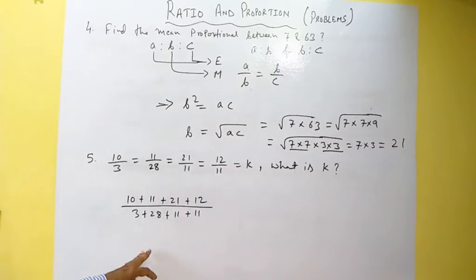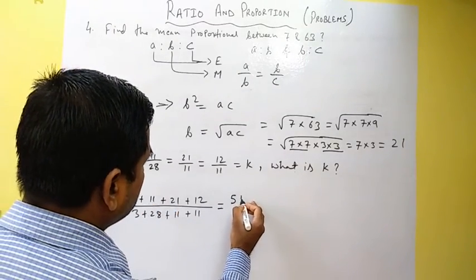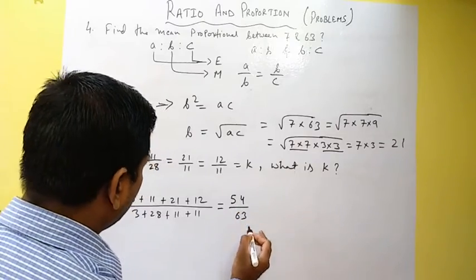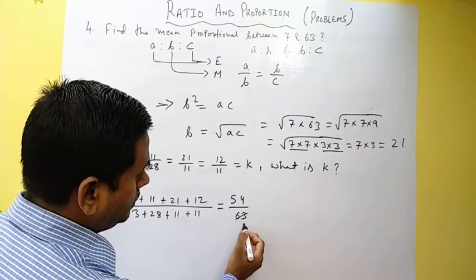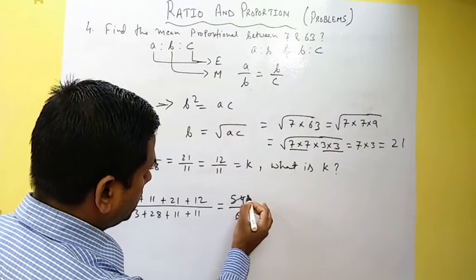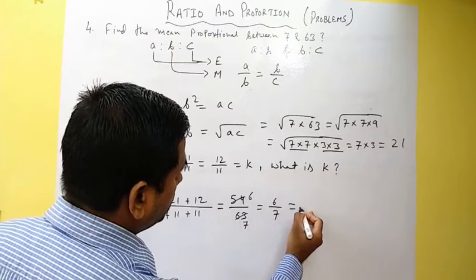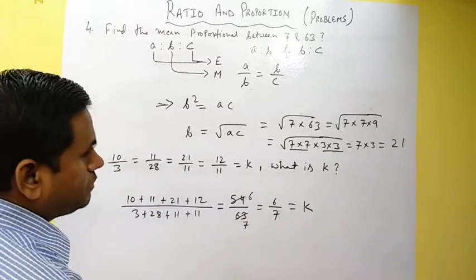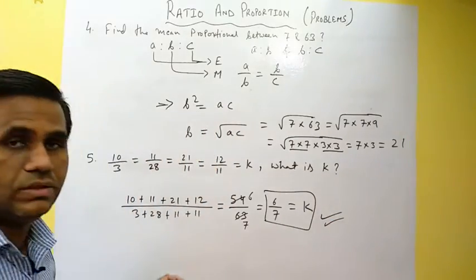We can add this. This will give us 54 upon 63. And if we cancel with 9, 9 7 the 63, 9 6 the 54, will give 6 upon 7, which is K. So K is equal to 6 upon 7. We can calculate like this.